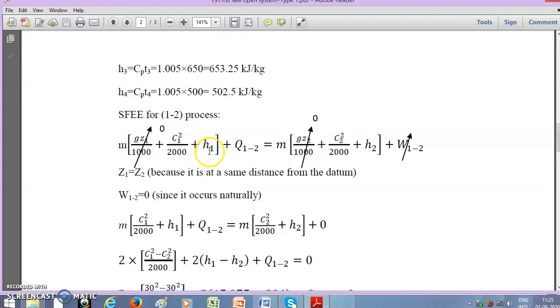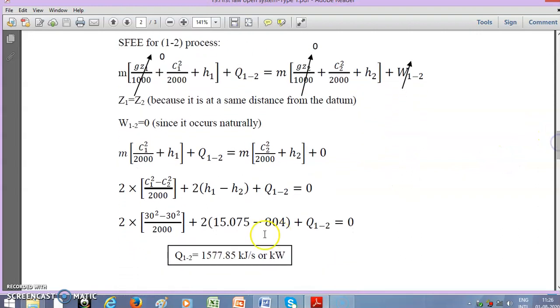So if you substitute h1 in kilojoule per kg without writing 2000 and 1000 in the denominator, the equation is not dimensionally homogeneous. To make it dimensionally homogeneous we substitute 2000 and 1000 here. If you feel this is difficult, just convert the unit of enthalpy to joule per kg. Here we are using kilojoule per kg, therefore it is 2000 and 1000. Substitute and you'll get the answer for the heat transfer. If you want to understand, you can pause the video and go through the steps.